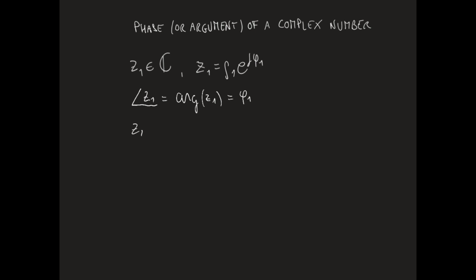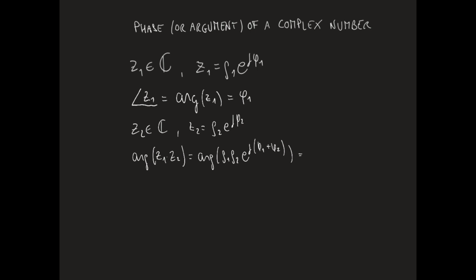If Z2 is also a complex number with Z2 equal to rho 2 e to the j phi 2, then the argument of Z1 times Z2 is equal to the argument of rho 1 rho 2 e to the j phi 1 plus phi 2, which is equal to phi 1 plus phi 2.